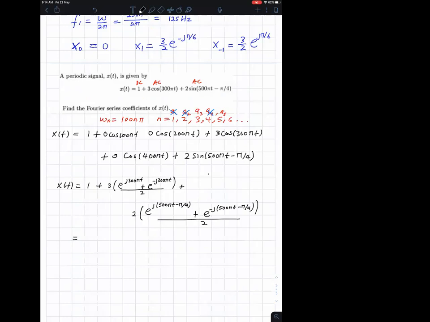So next, 1 plus 3/2 e to the j 300 pi t plus 3/2 e to the minus j 300 pi t.